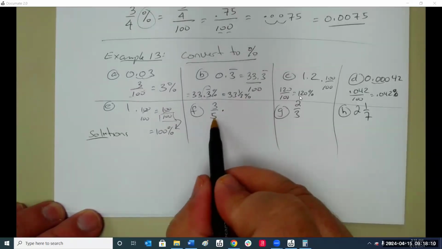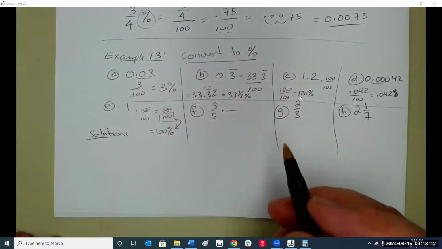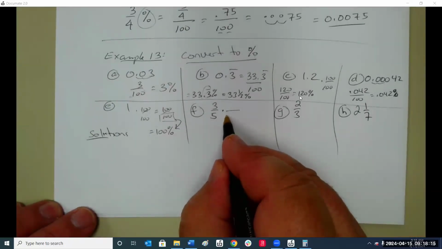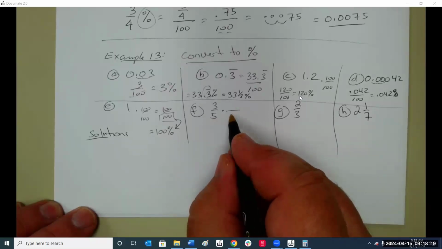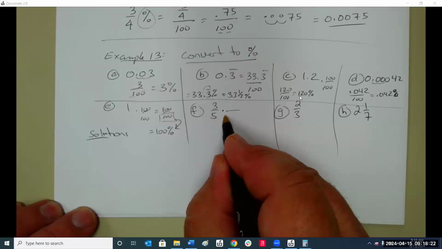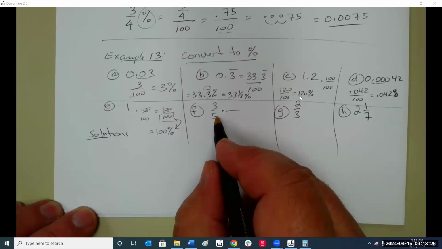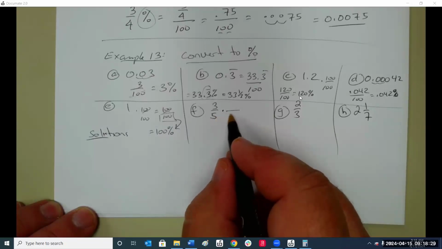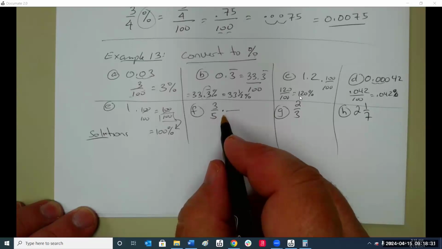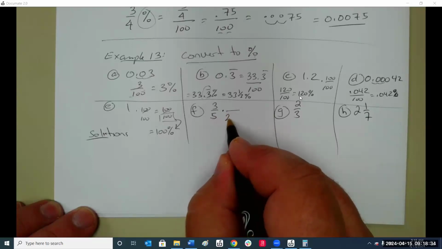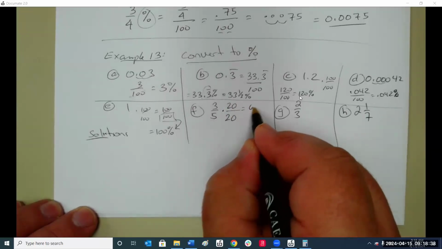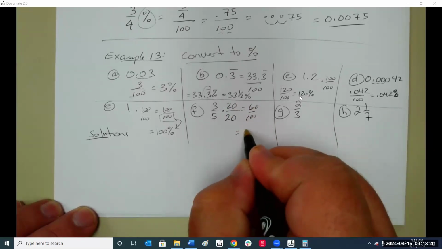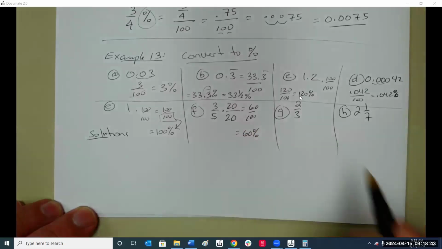What do we multiply 5 by to get 100 on the bottom? 5 times what is 100? 20. So multiply top and bottom by 20. So it's 60/100, which is 60%.